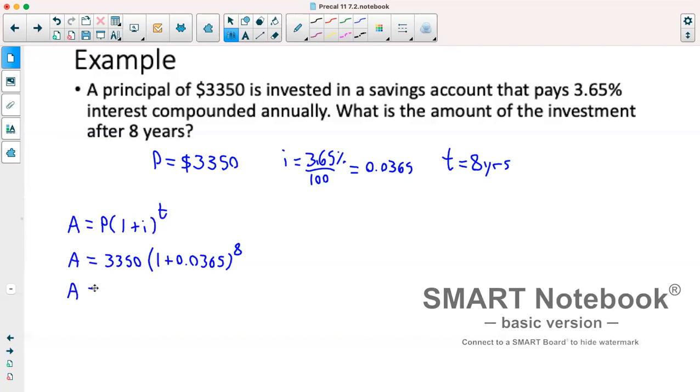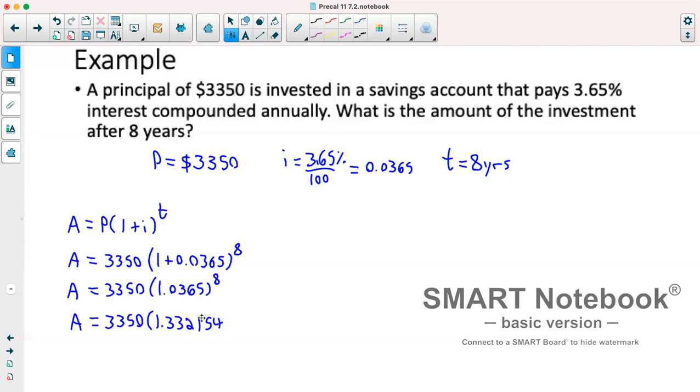So we've got A is equal to 3,350 times 1.0365 to a power of 8. So we have A is 3,350 times 1.33215.